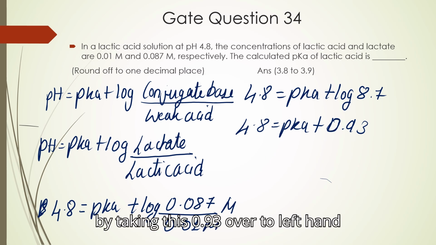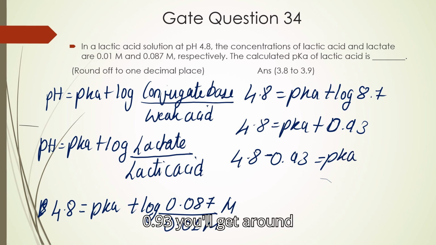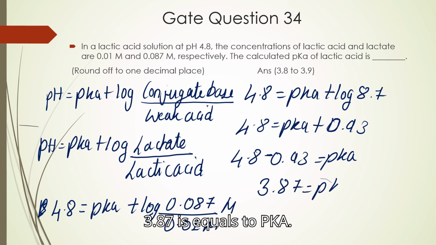By taking this 0.93 over to the left hand side, 4.8 minus 0.93 is equal to pKa. So 4.8 minus 0.93, you will get around 3.87 is equal to pKa.